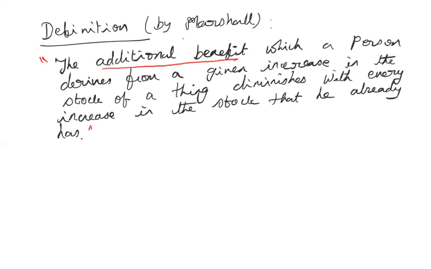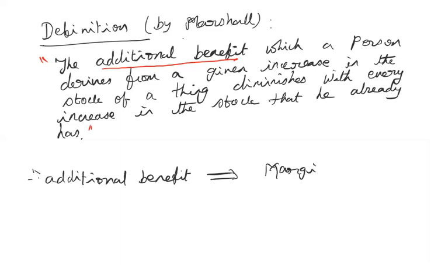Okay. Now let us find out what is the meaning of this additional benefit. So additional benefit is nothing but the marginal utility. Isn't it? The additional benefit here represents the marginal utility, the additional satisfaction. So additional benefit which a person derives from a given increase in the stock of a commodity.